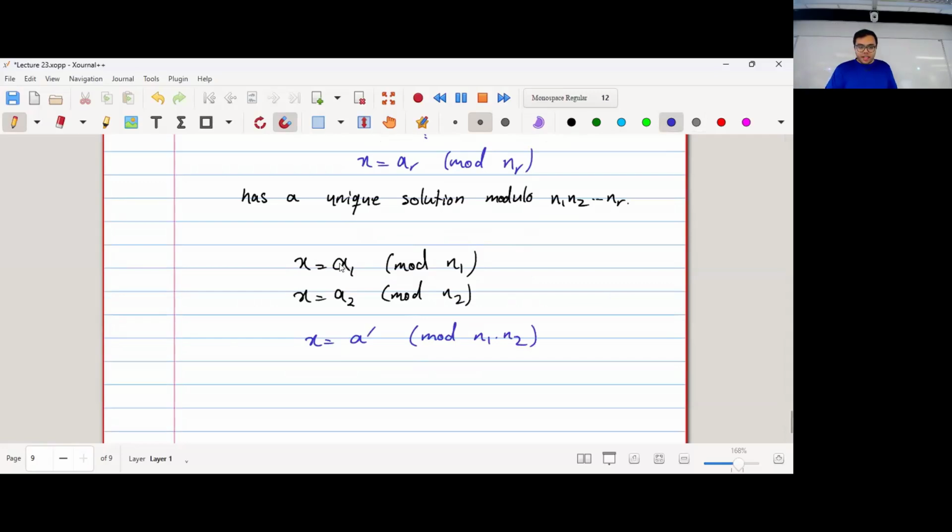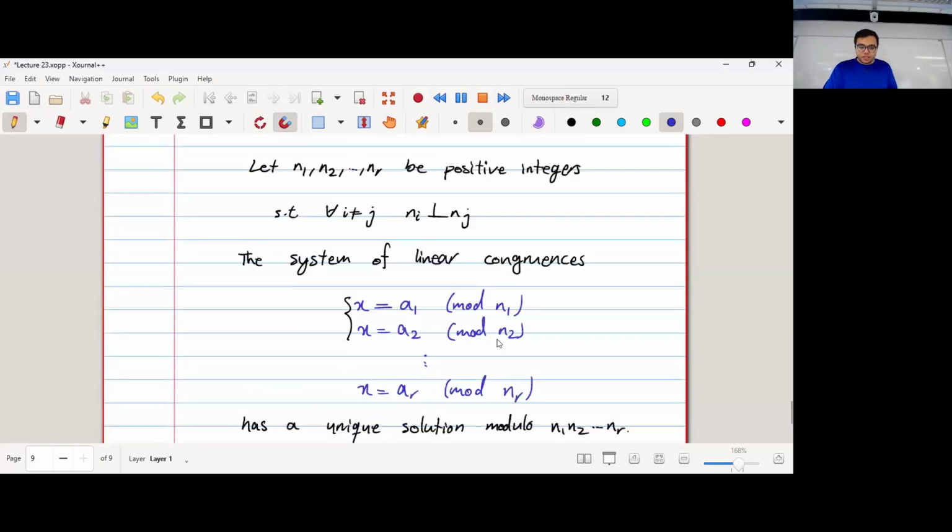I've already shown this, right? So I said that if I have these two equalities, they have exactly one solution. Let's call that solution a prime, right? And that solution is unique modulo n1 times n2. So instead of these two equalities, I can write an equality like this, where a prime is just the answer to these modulo n1 and n2. And then I can replace my first two equalities with this one, right? And all the conditions are still satisfied, so I have one fewer equality.